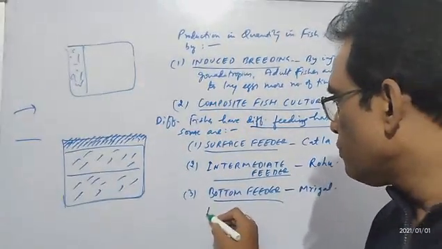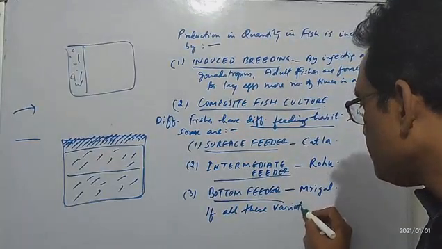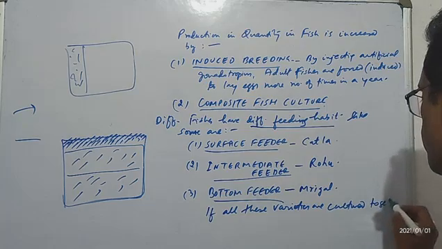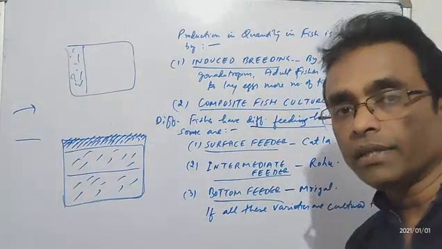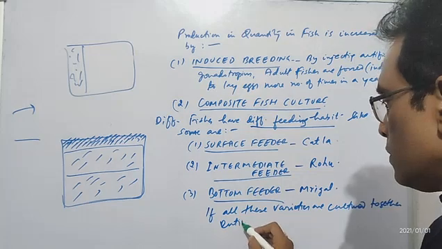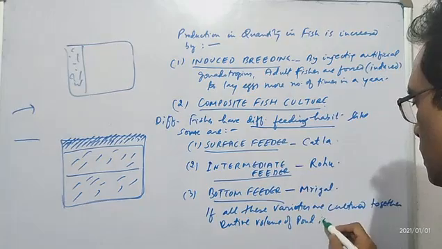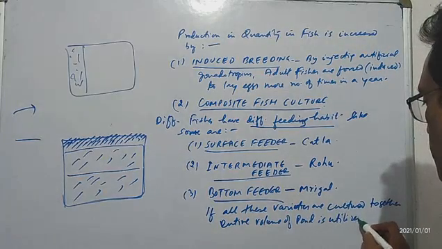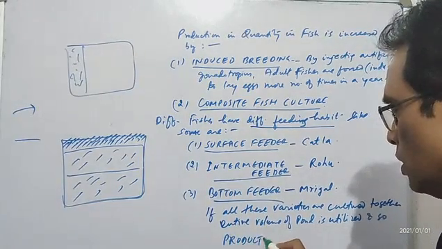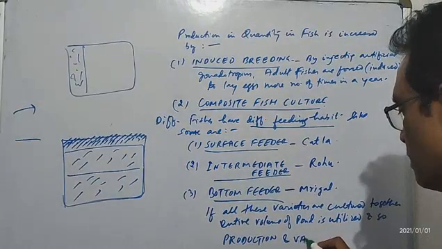So if all these varieties are cultured together, then the entire volume of the pond is utilized, and so the production, not only production of fish with respect to number, but the variety.